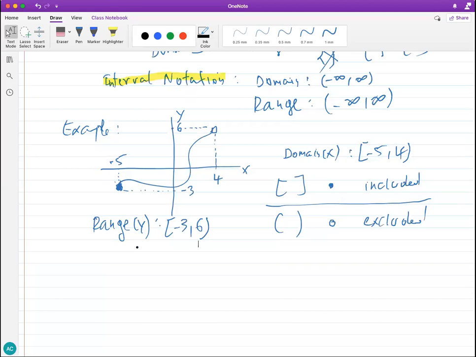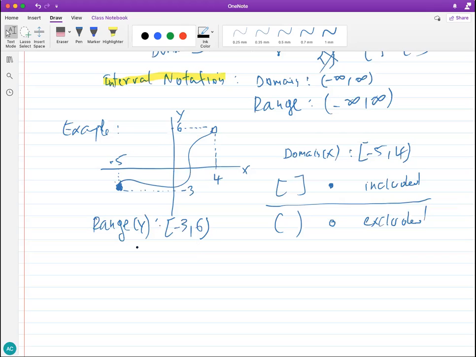So this graph will be given to you. I'll give you a graph like this. But for the common functions, for example, linear and quadratic and third degree, those we talked about, we're going to talk about them again. They have specific domains based on the shape of the graph and how it extends, either in both directions or one direction.